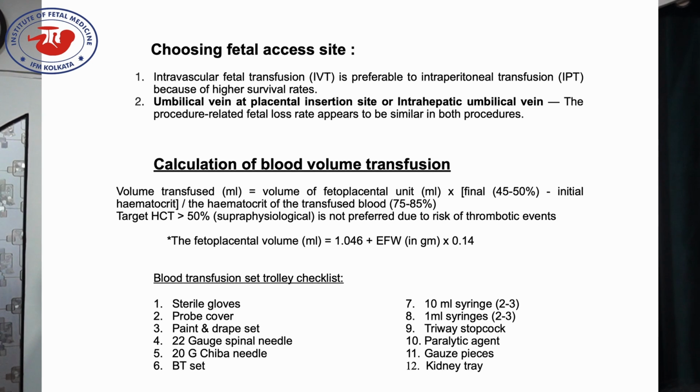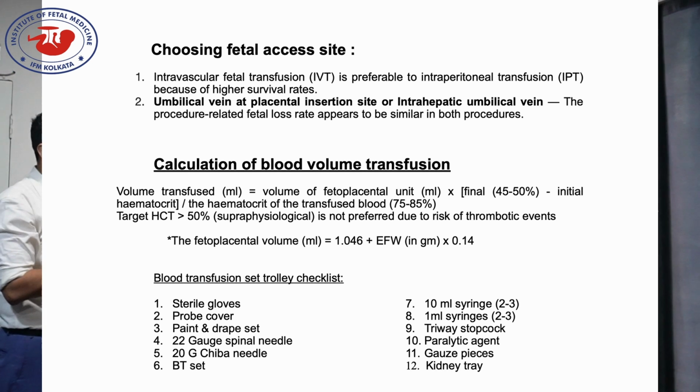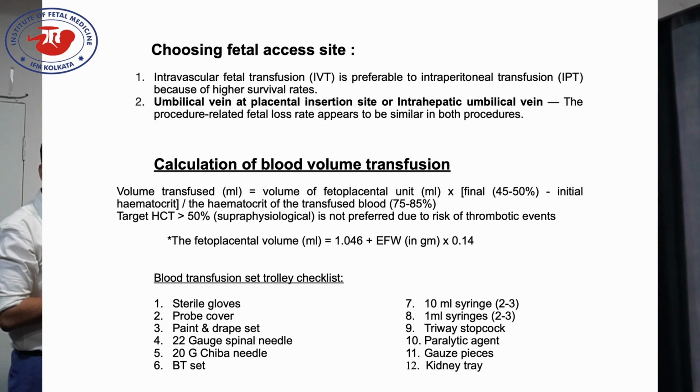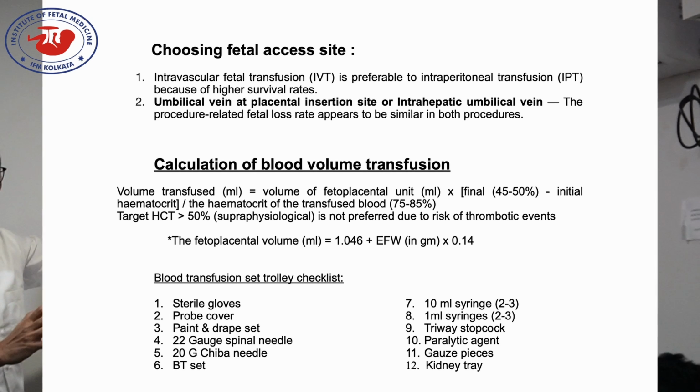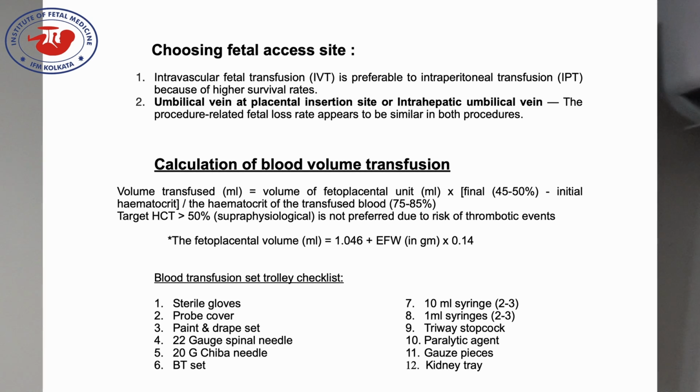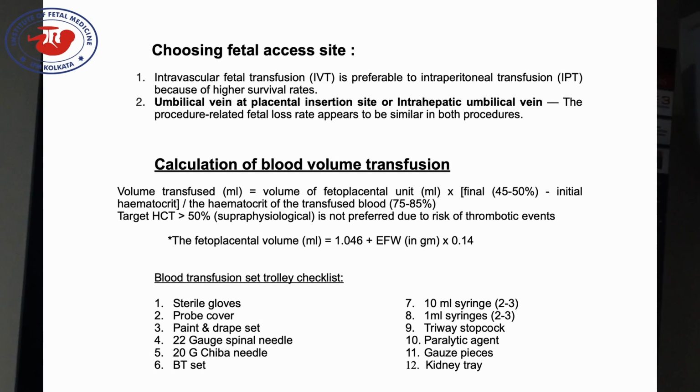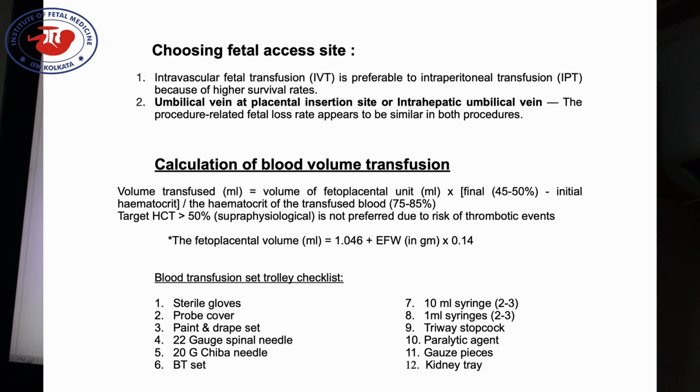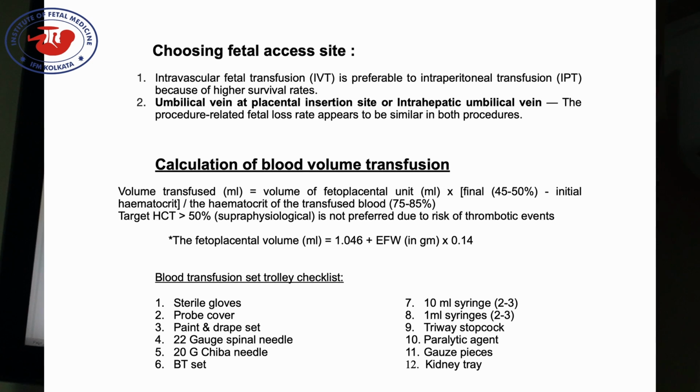So how does the calculation happen? There are 2-3 ways. One is you should know the formula. But there are also ready-made calculators. The Fetal Medicine Foundation site has a calculator, a perinatology calculator. Barcelona also has calculators. So you use the perinatology.com calculator.